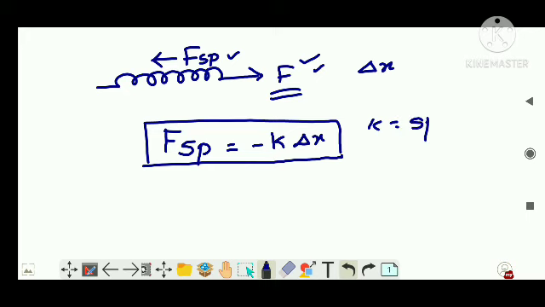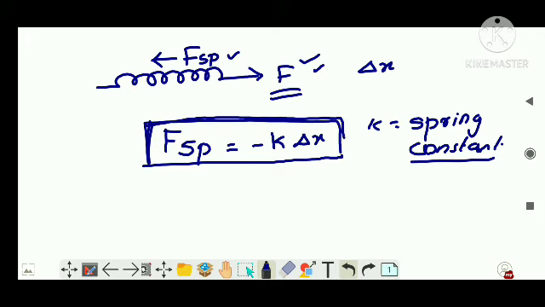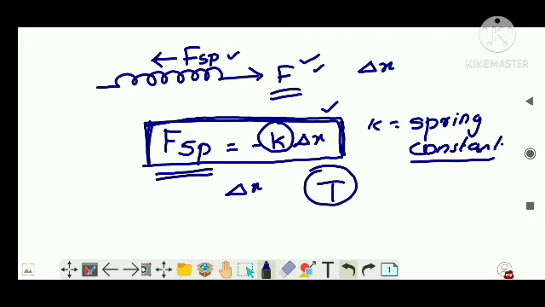Which is different for different springs. And F_sp for a spring is actually only depending upon the displacement. This K is constant, so when the expansion or the contraction changes, F_sp changes.